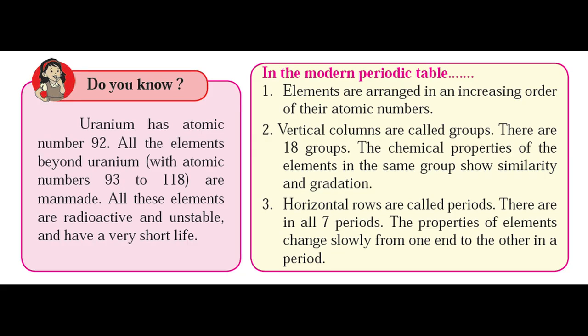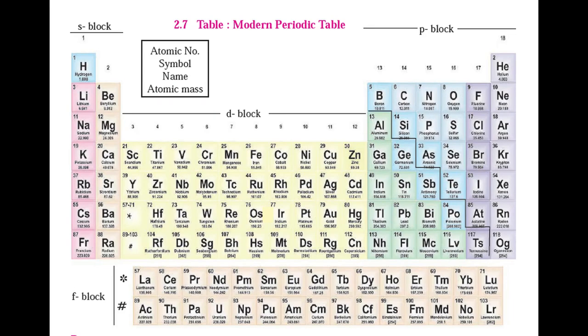Vertical columns are called groups, and there are 18 groups. The chemical properties of the elements in the same group show similarity and gradation. Horizontal rows from left to right are called periods. There are in all 7 periods. The properties of elements change slowly from one end to the other end of the period, from left to right or right to left.